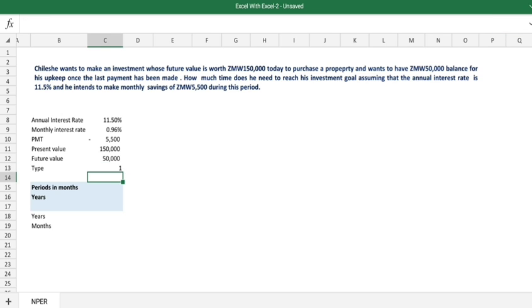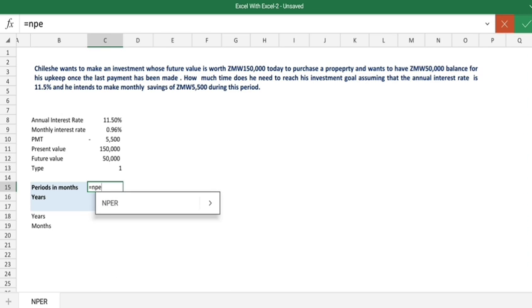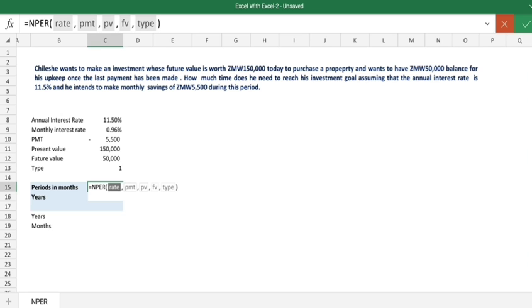Once we do that, we need to find the period, the time it needs. We just type equals, then the NPER function. What's the rate? It's a monthly rate because our contribution is monthly. What's the annuity we're paying? The equal amount is 5,500.